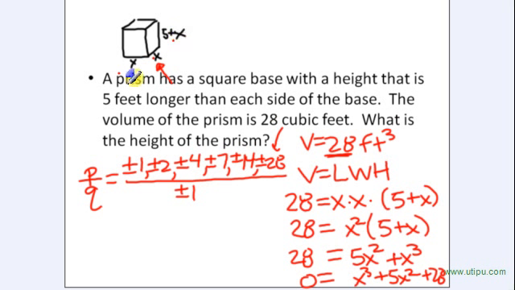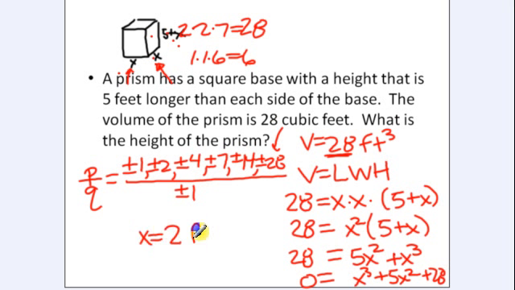If I plug 1 in here, I'd have 1 times 1 times 6, which would give me a volume of 6, that's too small. Let's try 2. 2 times 2 times 7, and I got the 7 by taking the 5 plus the 2 here, and that's 4 times 7, which is 28. So it looks like x being 2 feet would give me a volume of 28 cubic feet.